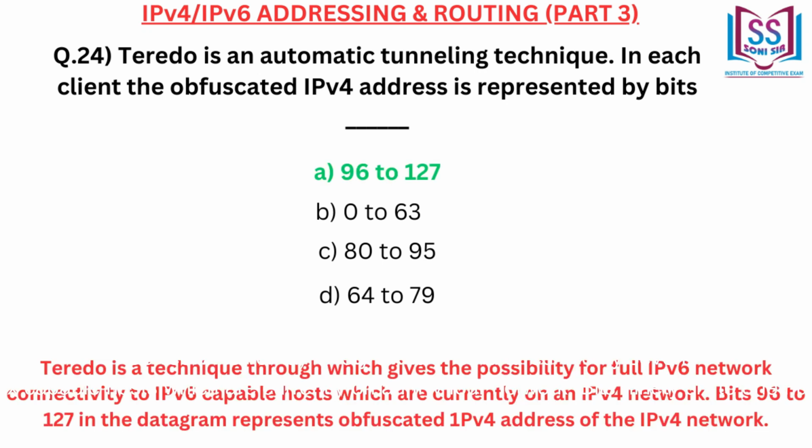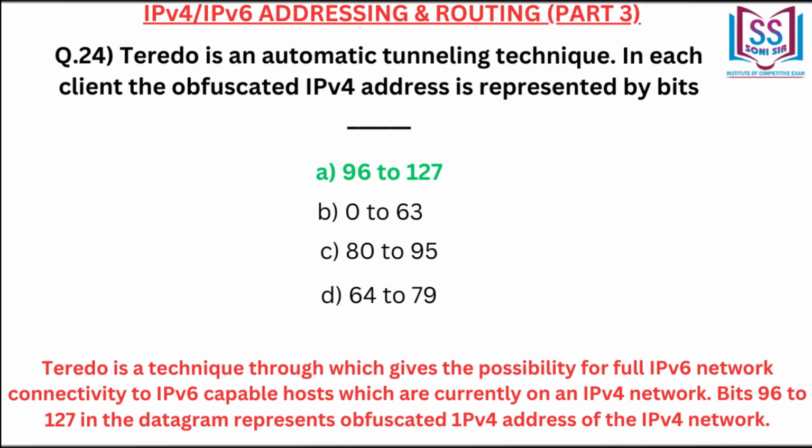Correct answer A. 96 to 127. Teredo is a technique that gives the possibility for full IPv6 network connectivity to IPv6 capable hosts which are currently on an IPv4 network. Bits 96 to 127 in the datagram represent the obfuscated IPv4 address of the IPv4 network.